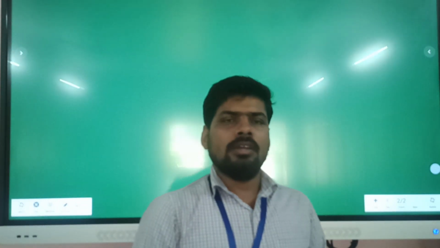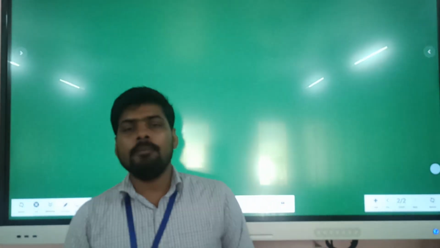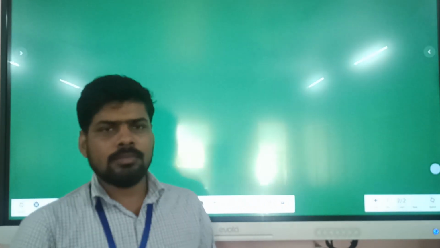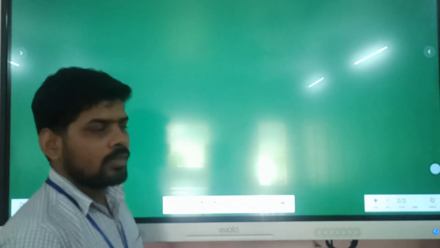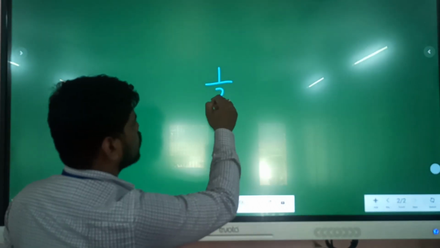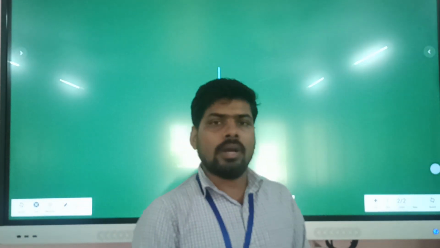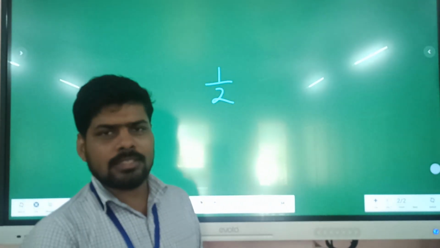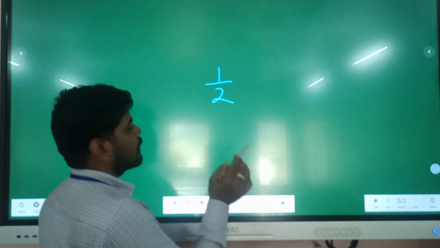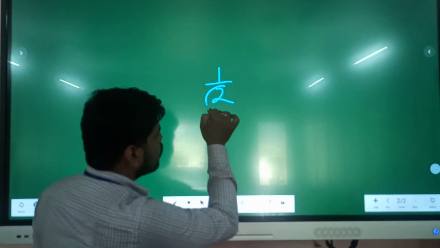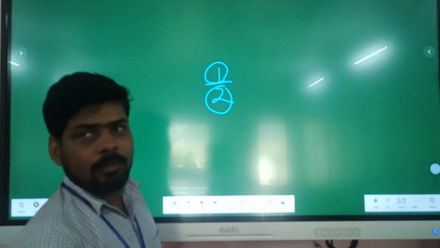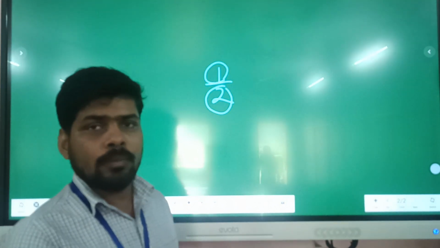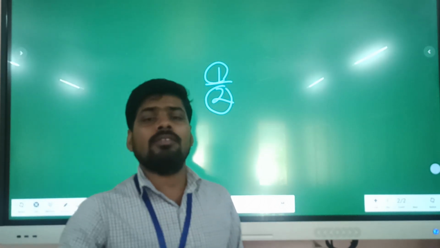So you may ask me, sir, before some time you told me that percentage and fractions are equal. Yes, both are equal. Suppose a fraction is 1 upon 2. Can it be represented as percentage? Yes. How? 2 is the full mark and 1 is the required amount. If I secure 1 out of 2, then how much shall I secure out of 100?